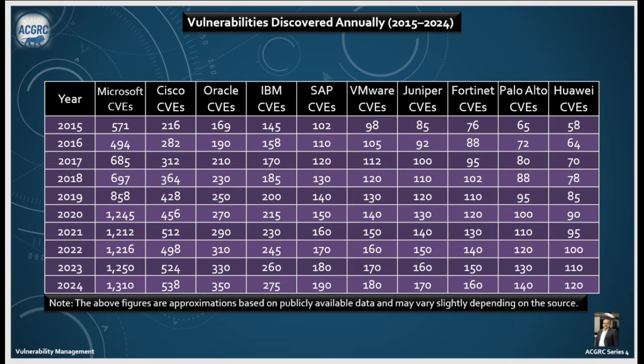So, why is it a problem without context? Well, teams may waste time fixing low risk issues on non critical systems. Meanwhile, serious business risk might be left unaddressed. It leads to inefficient patching, overloading teams, and missing threats.